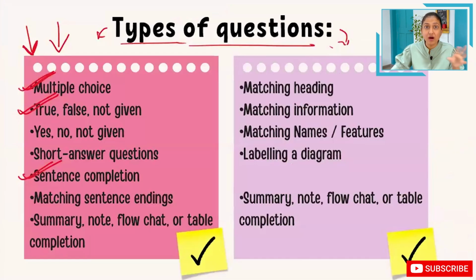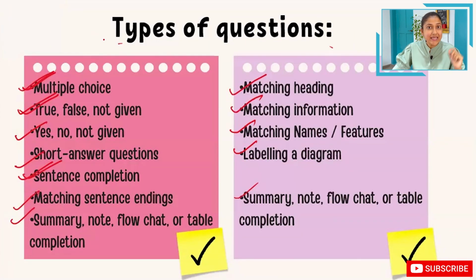Now, let's go back to the same page where we understood 2 different types of questions, or rather 2 different parts of the types of questions, right? On one side, the questions that I have listed over here are those which are in sequence. And on the other side, there are other questions which are not in sequence. So I can simply say that these types of questions are in sequence, correct?